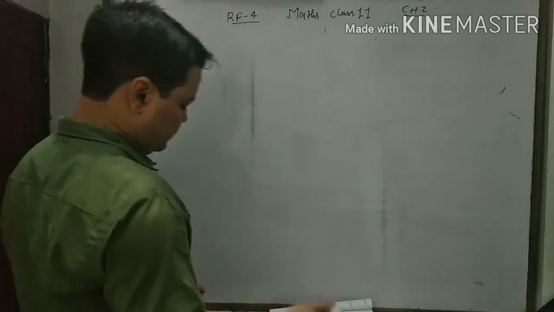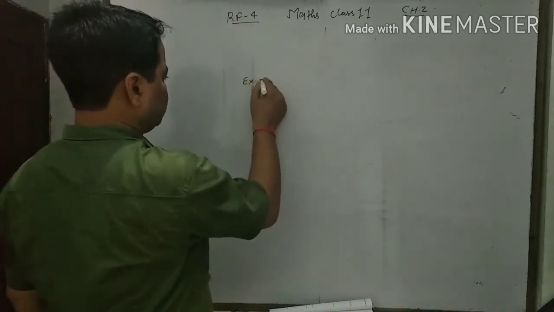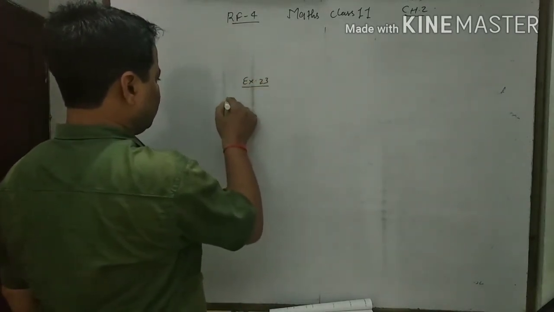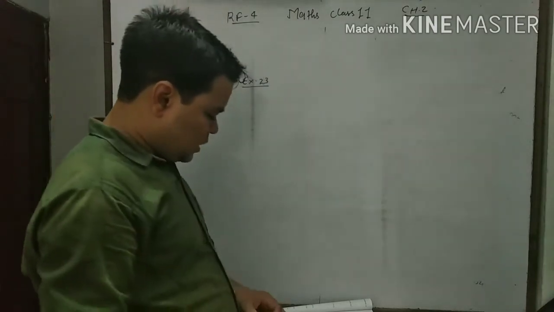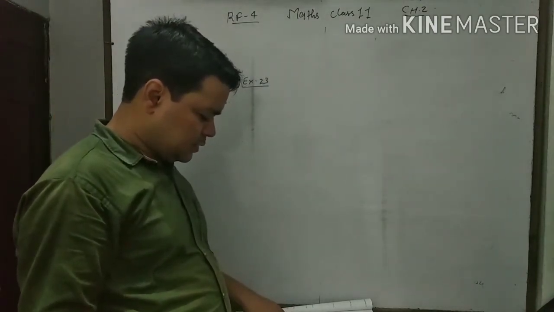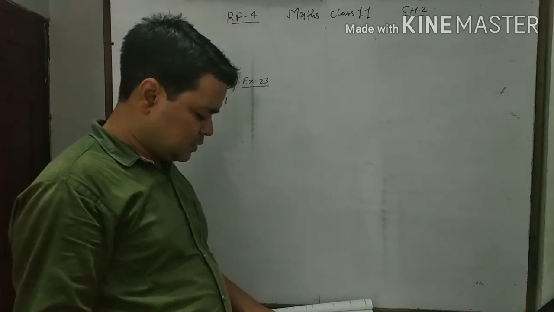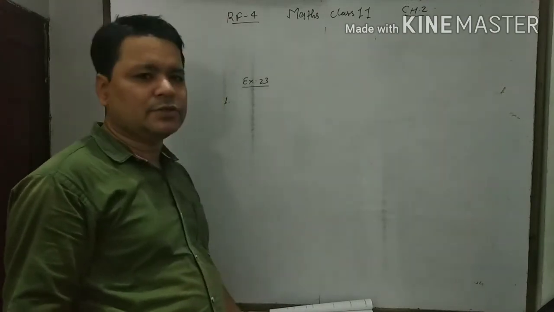Here, exercise 2.3, question number one. What is the question? Which of the following relations are functions? Give reason. If it is a function, determine domain and range.